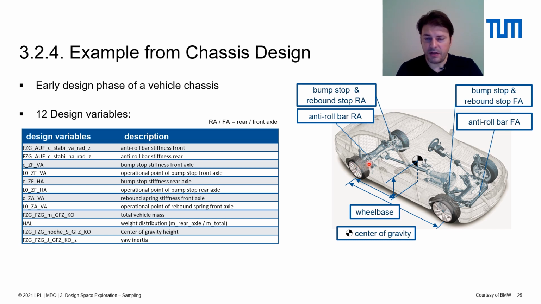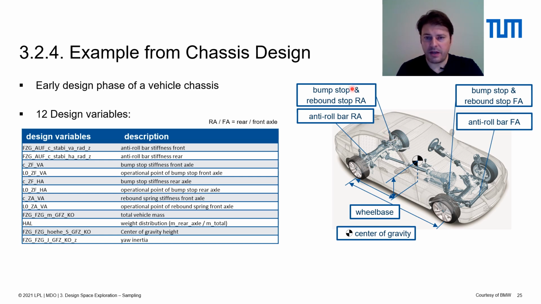So in the rear and in the front axle, there are a couple of mechanical components, and we need to optimize their stiffness or geometry quantities like the operational point of the bump stop. So the components involved are the anti-roll bar, which is a torsional spring preventing the vehicle from rolling too much.